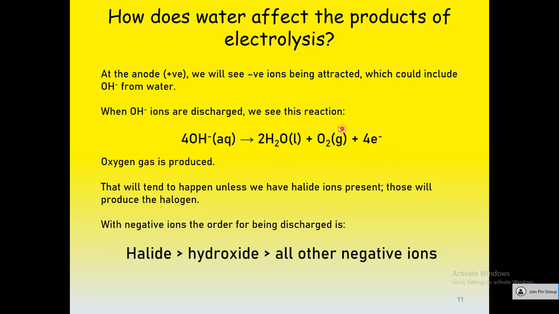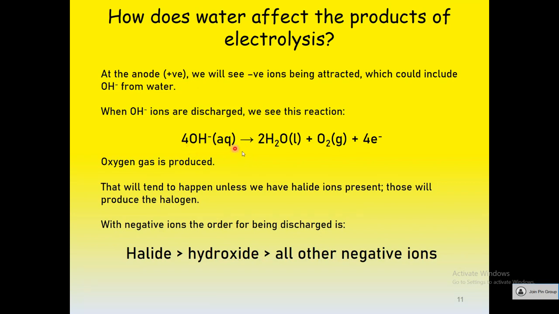Oxygen is the gas that is going to be produced, so we need O2 there. So we have to start out with 4 hydroxide ions. They're going to give us 2 H2Os, which is just creating more water, and oxygen gas, and they're giving up their 4 electrons.